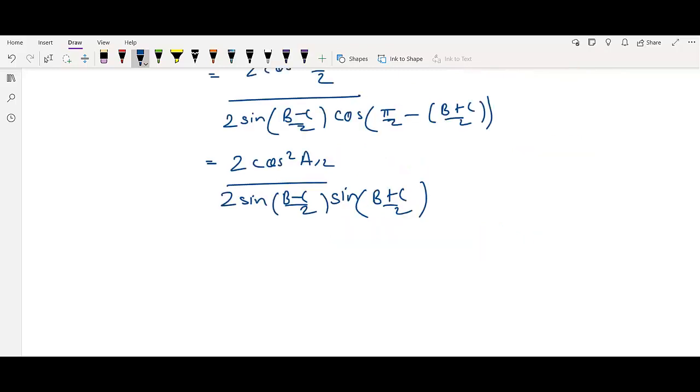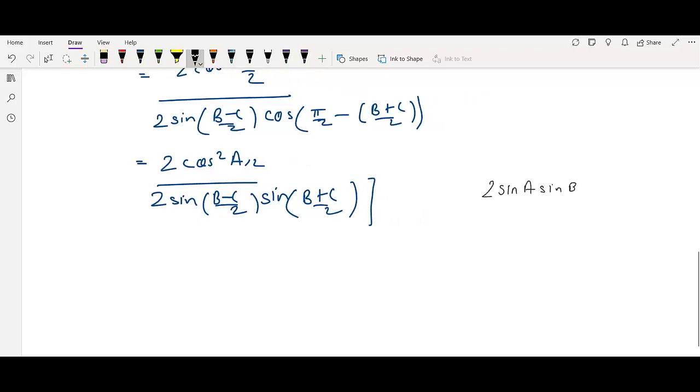Now this should be a little familiar to you. 2 sine a sine b, right? What is 2 sine a sine b? Let me write that as x and y because a and b becomes a little confusing.